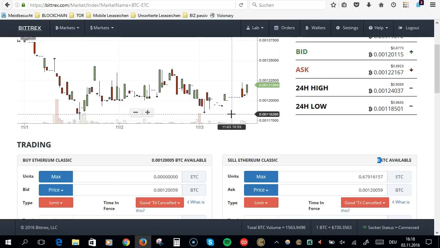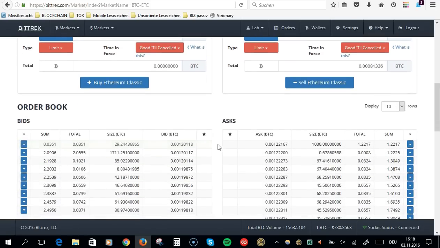What would happen is the buy order would not be filled right now, so you have to wait until the value drops to this point, and then your buy order, your bid, would get filled. Okay, so that's what we are going to do now.